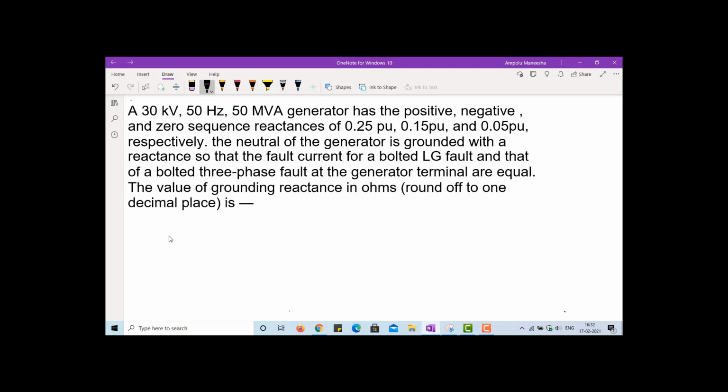Given generator specifications. Given data is voltage rating V is equal to 30 kV, frequency is 50 Hz and the MVA rating, apparent power rating of the generator is 50 MVA.